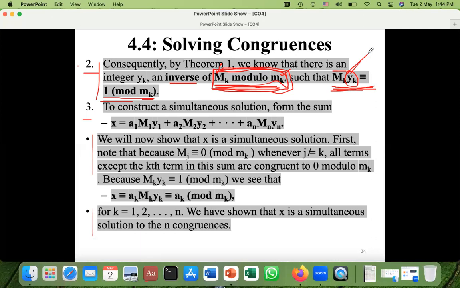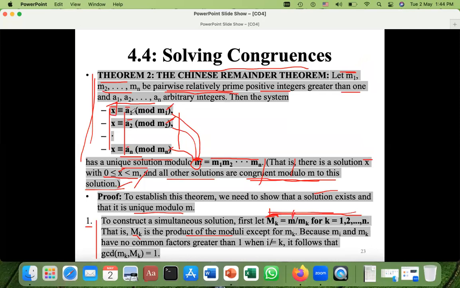Just keep that step in your mind because it will help you to calculate the final answer for your congruences. Okay, after step 2, now you can understand that you have the values for capital M1 and, for example, y1, similarly capital M2 and y2, capital M3 and y3, for all these cases from A1 to An.